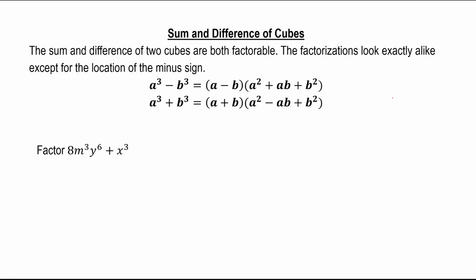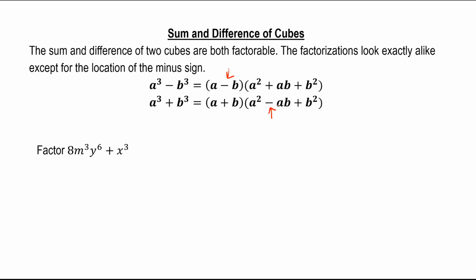They look just alike, a cubed minus b cubed and a cubed plus b cubed. The factorizations look exactly the same, except for the a cubed minus b cubed, you have a minus sign here. And for the a cubed plus b cubed, you have a minus sign here.